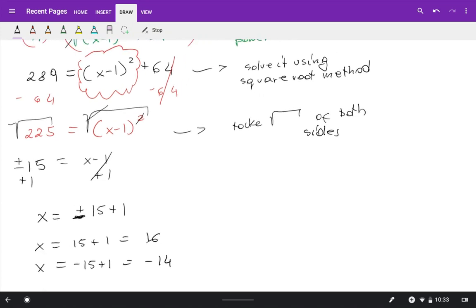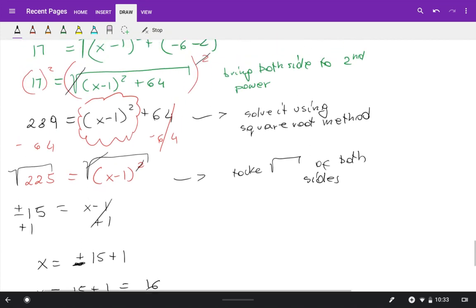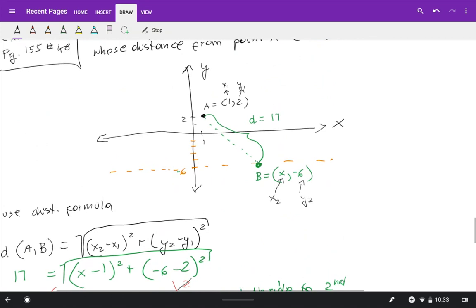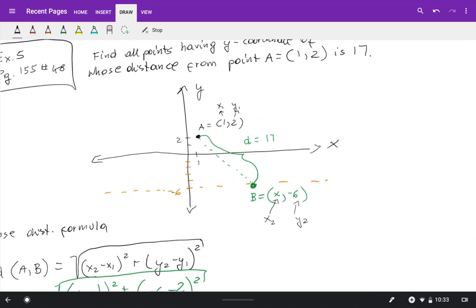So this is what happened here. That's what your solution represents. Going back to this picture right here, I just showed you one scenario, where we're trying to find point B, which has distance 17 units away from the given point. But also look what happened.